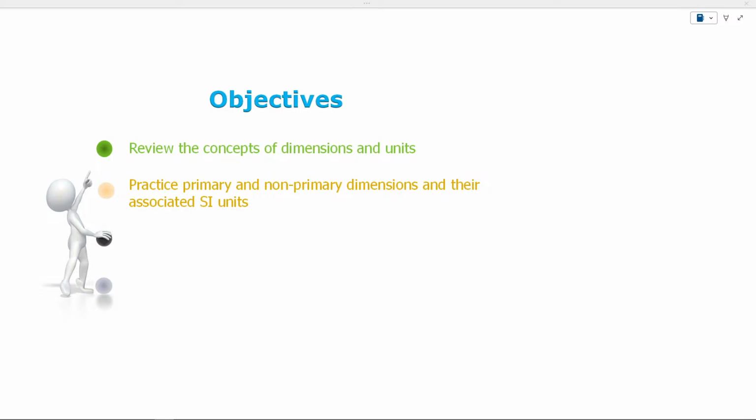The objective of this lesson is to review the concept of dimension, what a dimension is and what their corresponding units are, and then do some practice, primarily with primary and non-primary dimensions and their associated SI units. Okay, so these are the two objectives of this lesson. Let's get started.